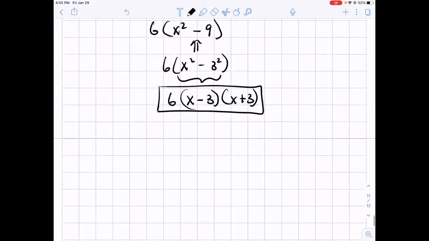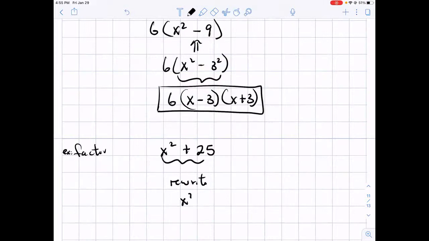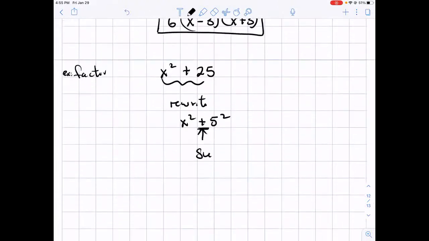As I said, if you're asked to factor, example, x squared plus 25, you can rewrite it as x squared plus 5 squared, but note this is a plus, this is a sum, therefore it cannot be factored.